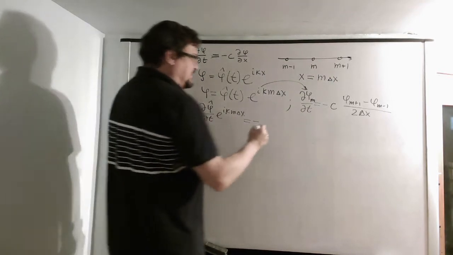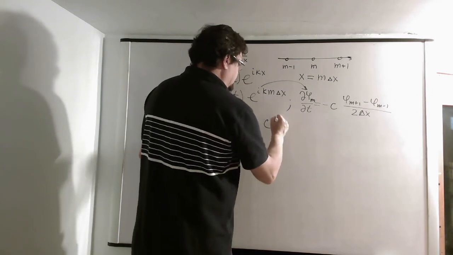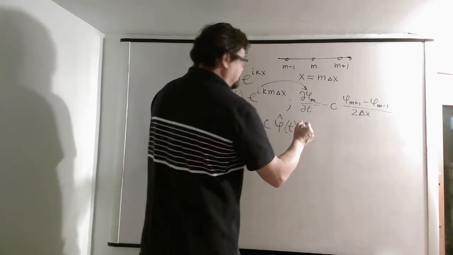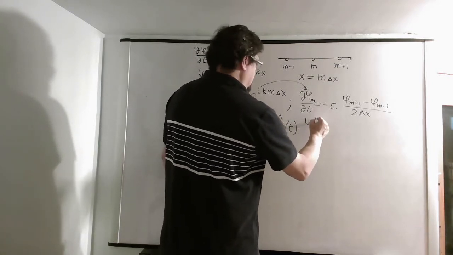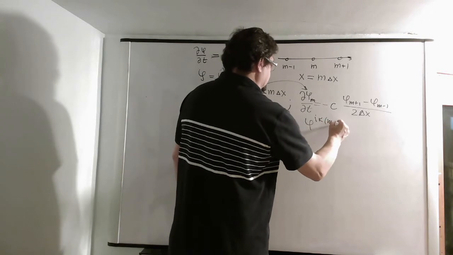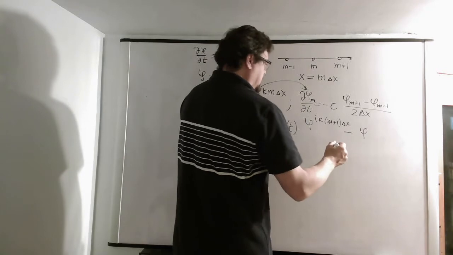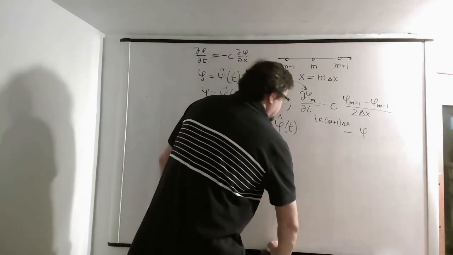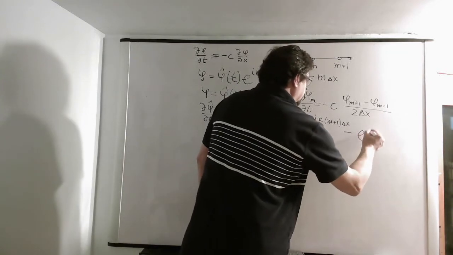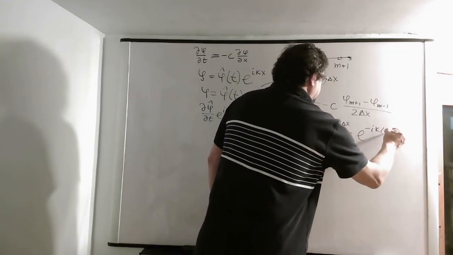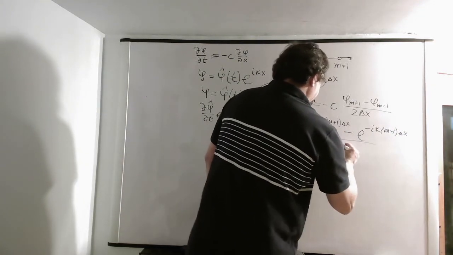Then we have this minus c, and here we have phi of t times e to the I k m plus 1 delta x minus e to the minus I k m minus 1 delta x divided by 2 delta x.